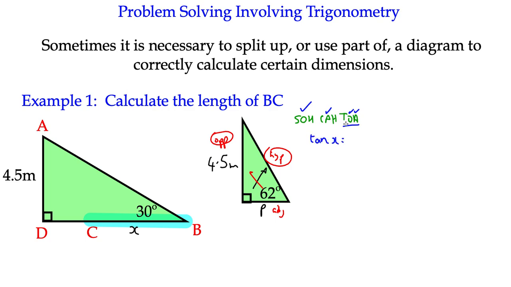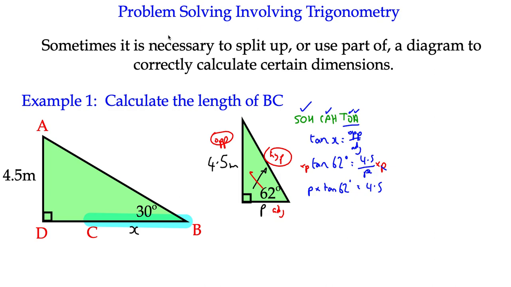Tan X equals O over A, so it's opposite over adjacent. I can fill out all the information. X is an angle, 62 degrees. Opposite is 4.5 and the adjacent is P. Multiply both sides by the number on the bottom of the fraction, which in this case is P, and we've got P times tan 62 degrees is equal to 4.5.